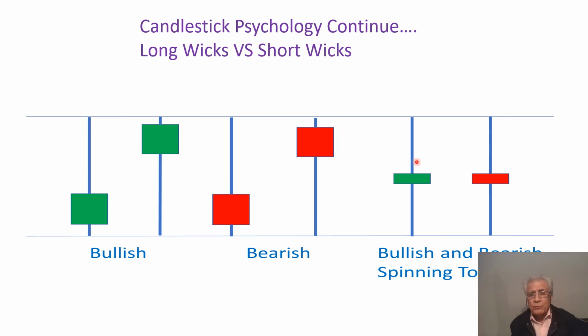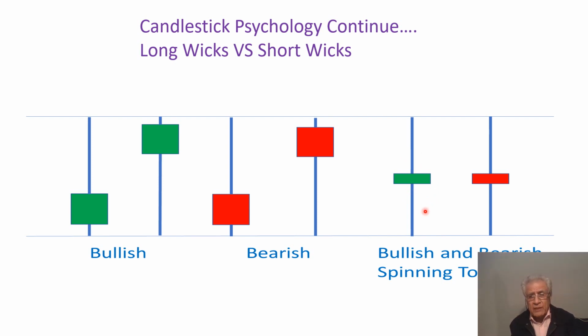But during the session, the price went all the way up and came back, all the way down and came back. In this situation, the volatility is high. So as soon as you see this kind of candle in a price trend, you know that the volatility is high.